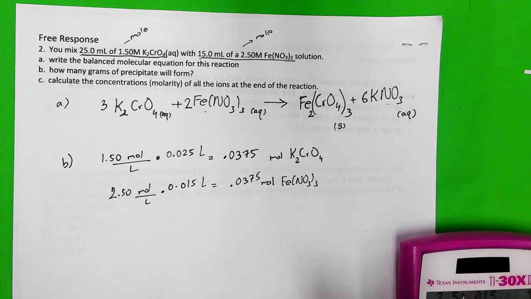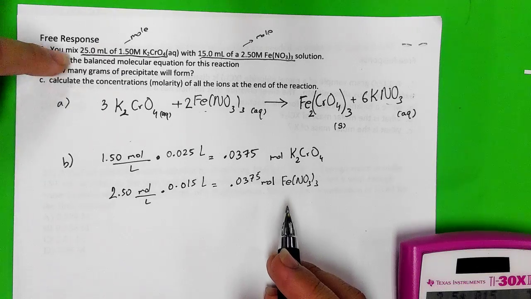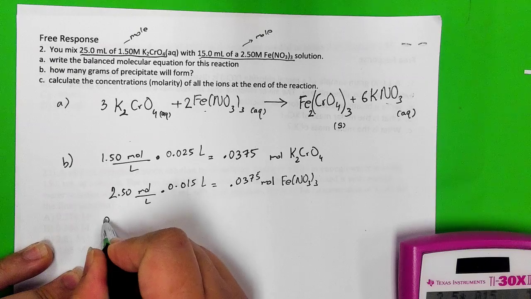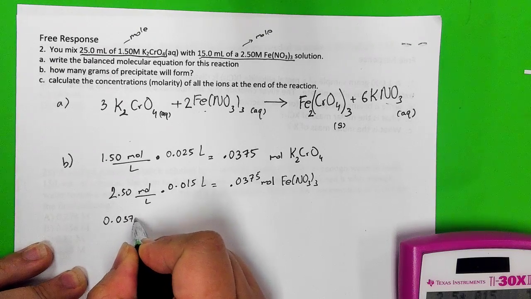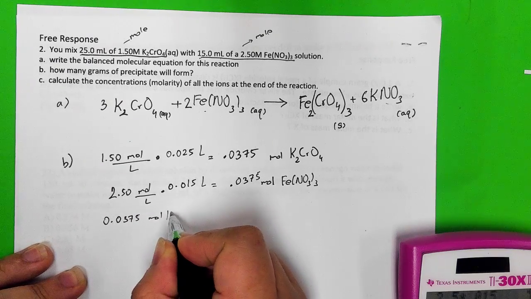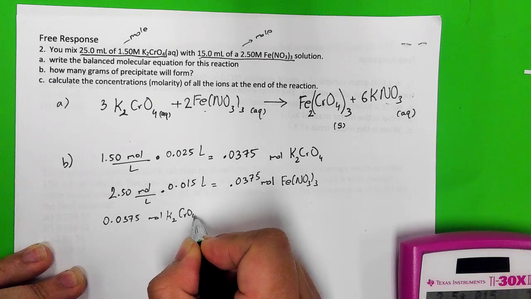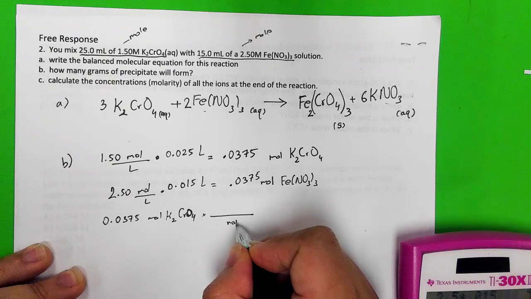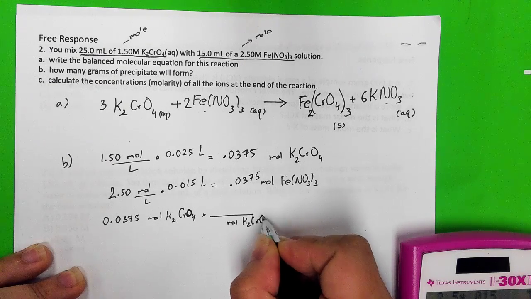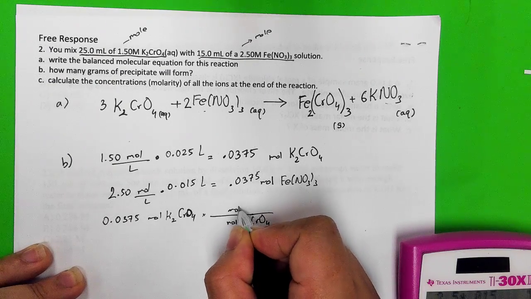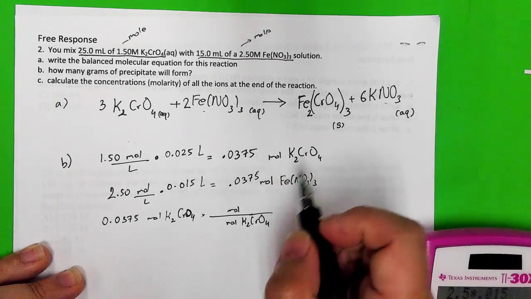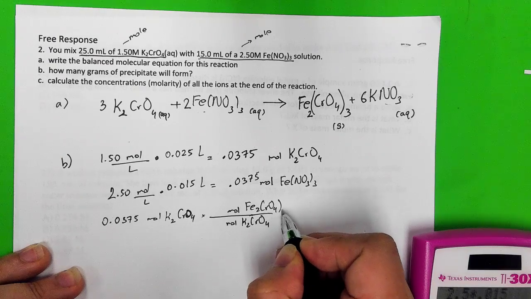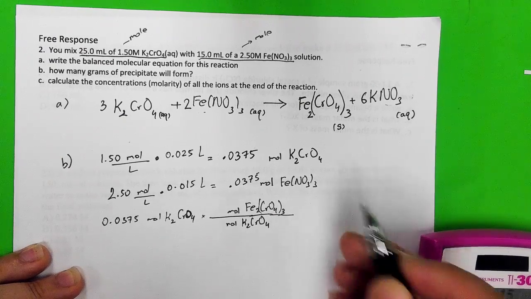So next, we're going to find the grams. Remember, we're not there with the question yet, so we're going to go back to the question. We're going to say 0.0375 mole of K2CrO4. Make sure it's on the correct side: moles of K2CrO4 on the bottom, moles of precipitate on top, so that means we're looking for Fe2(CrO4)3.